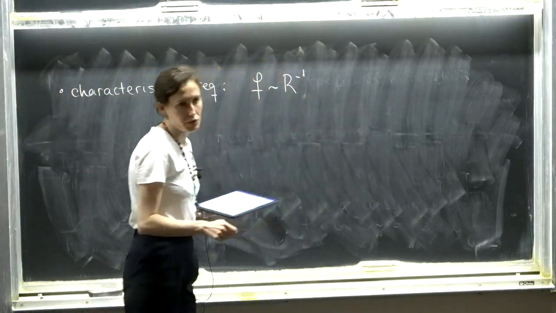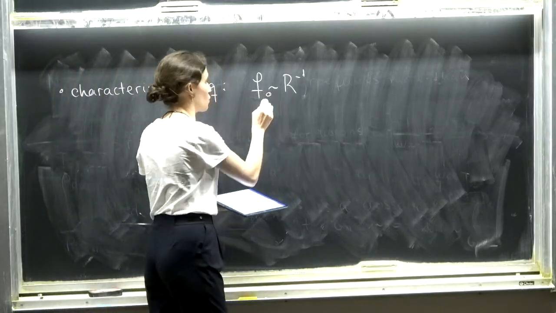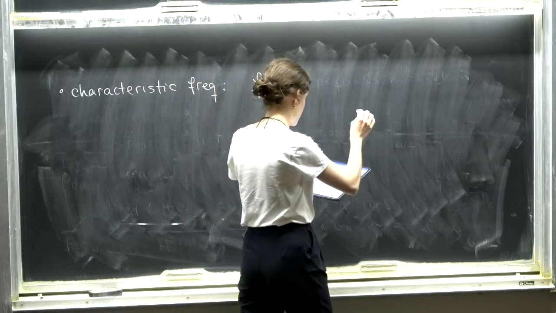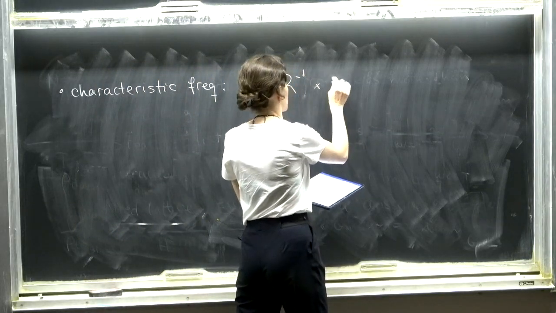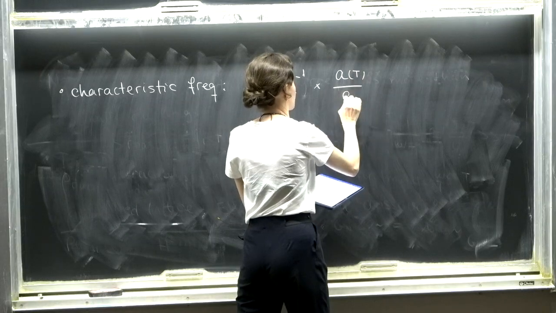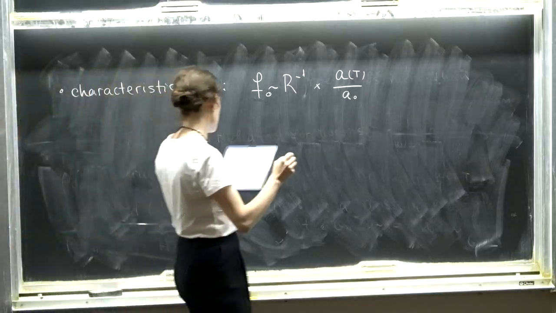Now, that's happening very early on. We're observing these gravitational waves today, and we want to know what the frequency is today. So we're gonna get an additional redshift factor just from the fact that the universe has been expanding since then.